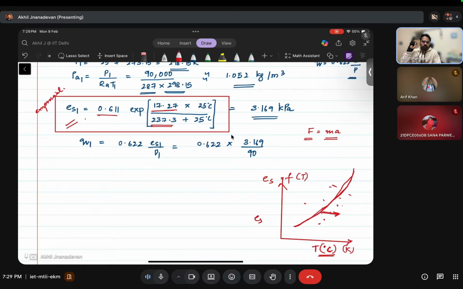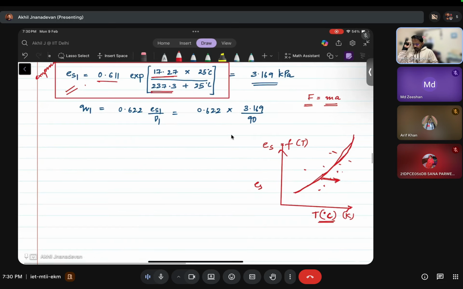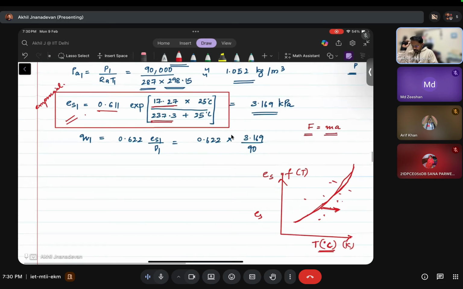Every time you are given an empirical equation, they will always specify the units: what is the unit of temperature that you have to substitute, and then what will be the unit of ES1 we will get. These will all be mentioned along with the empirical equation. So this equation is not valid in any other way.